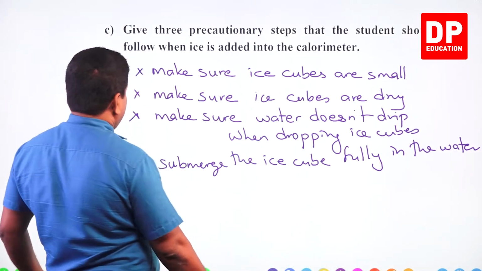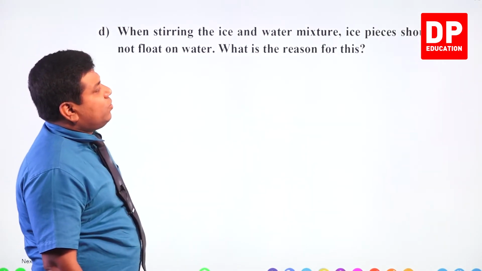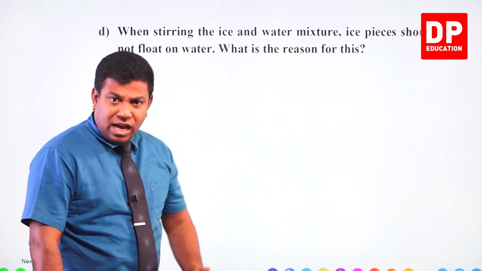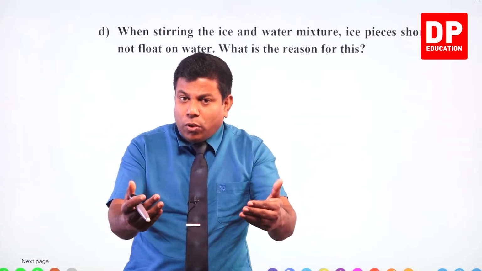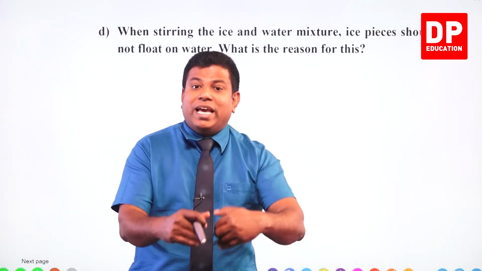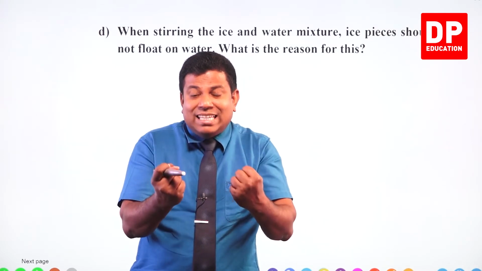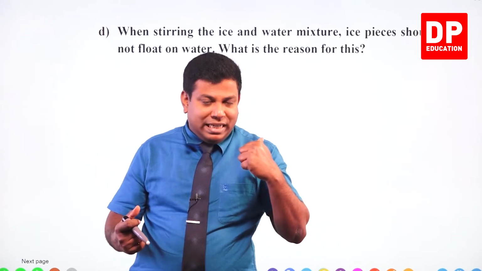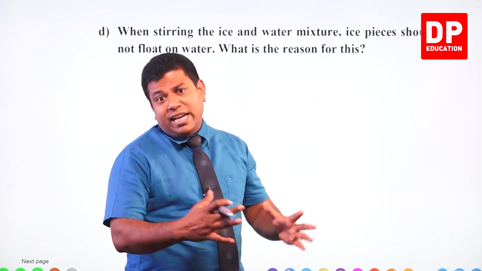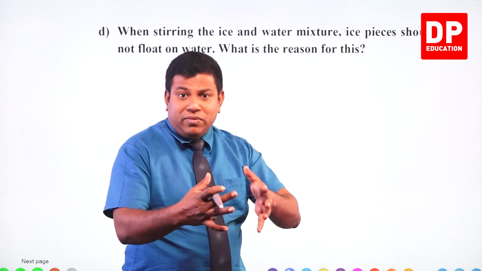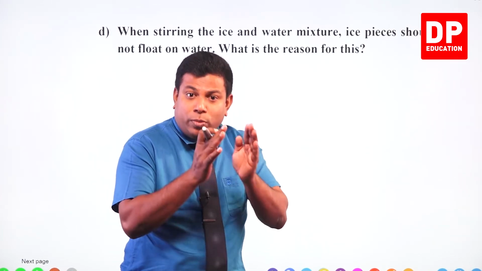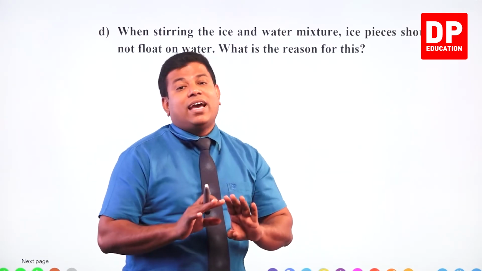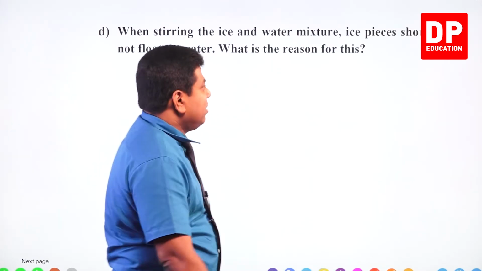Next, when stirring the ice and water mixture, ice pieces should not float on water. What is the reason for this? I explained this. Why shouldn't it float? Because if it floats, it will be exposed to the environment. It gains heat from the environment for melting. Then the calculation will not be right, because we didn't consider any heat gain from the environment. We assumed the ice cube melts gaining heat only from water and the calorimeter, not from the environment.